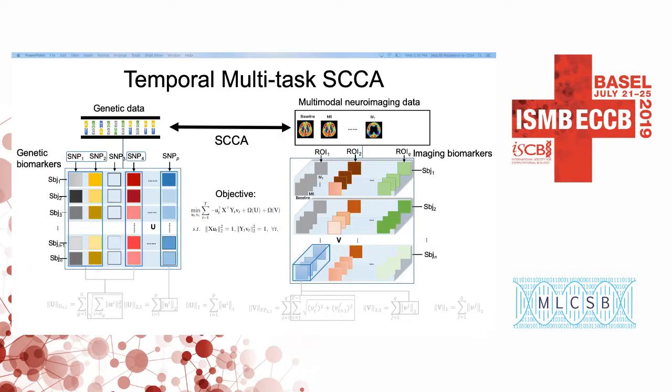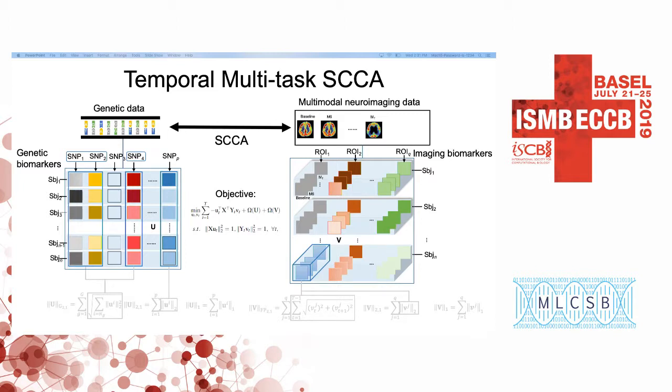Our model works like this. On the left side, it also loads the genetic data. But on the right side, there is a cube data set. One dimension corresponds to subjects, one dimension corresponds to ROIs, and the other dimension corresponds to the time points.